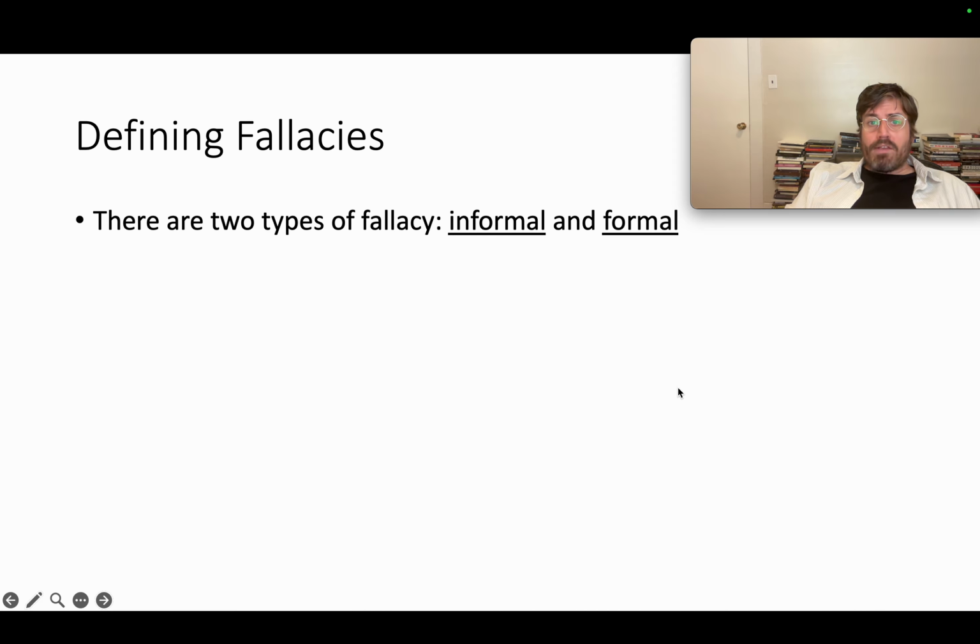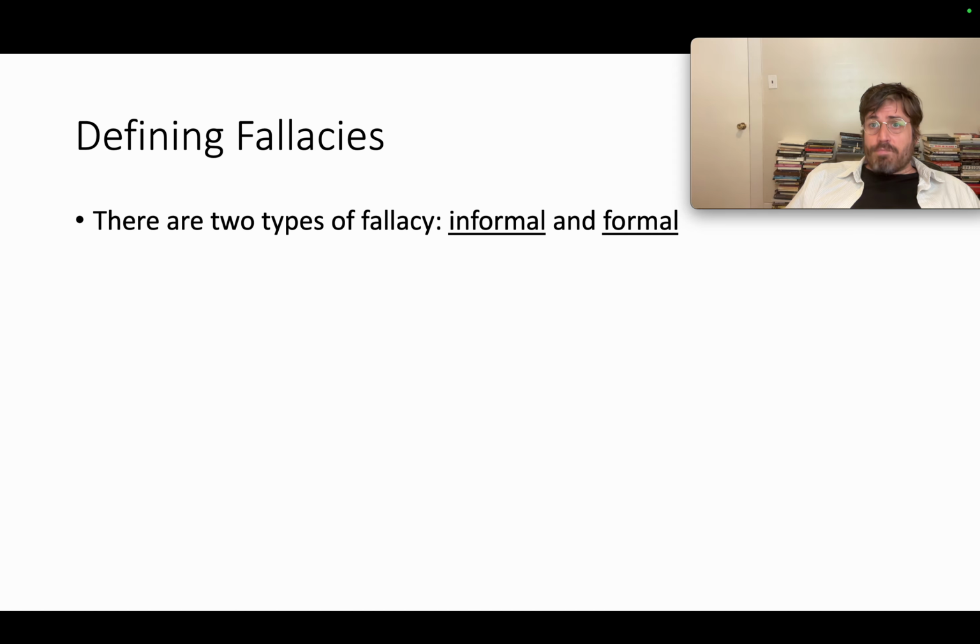There are two broad types of fallacy: informal and formal. Remember from the first chapter that formal logic really is looking at the underlying structure of an argument, and informal is often pertaining to the content or the subject matter of arguments. So fallacies can pertain to both.